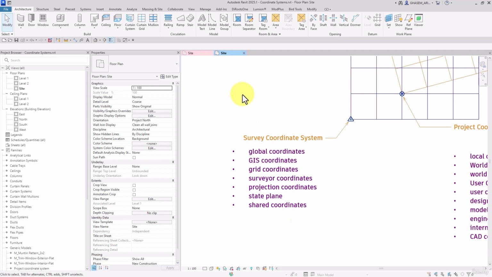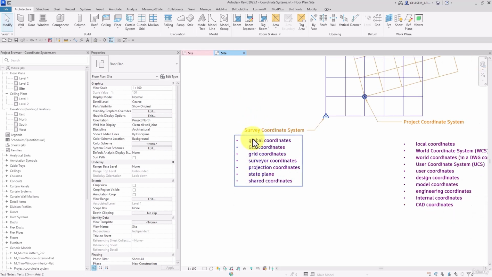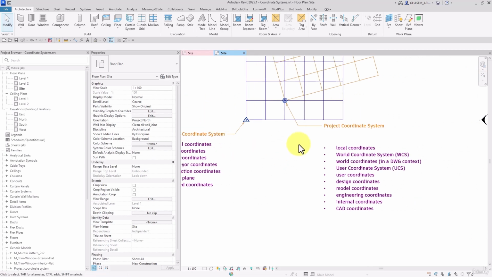So if you encounter these names, you should know that these are the same as survey coordinates, especially when you are importing or linking your files as IFC to set the positioning.